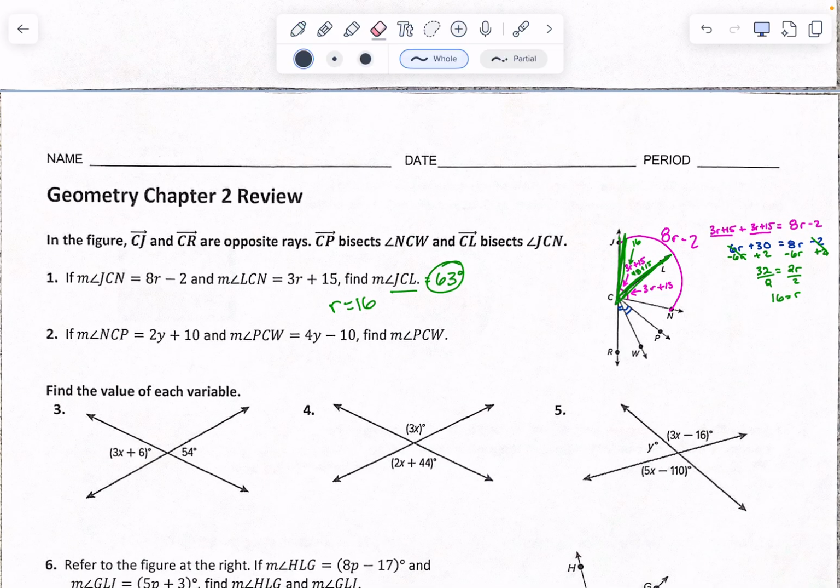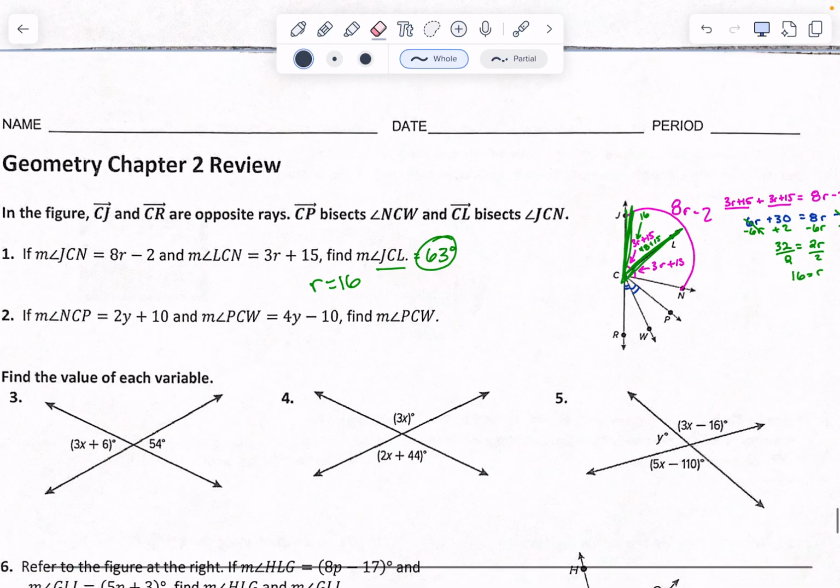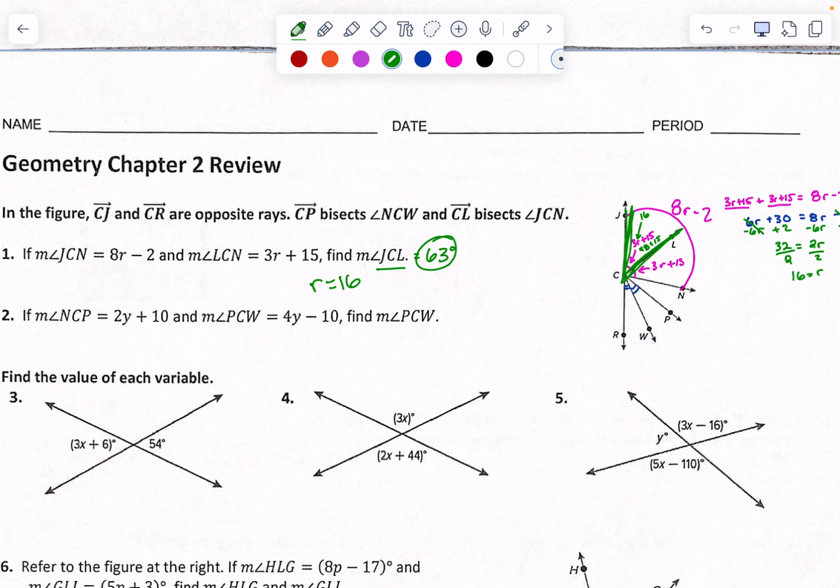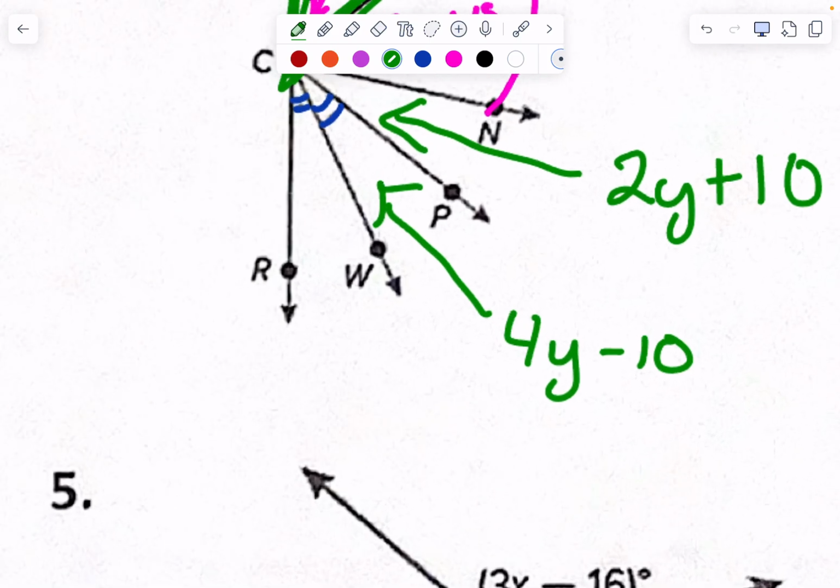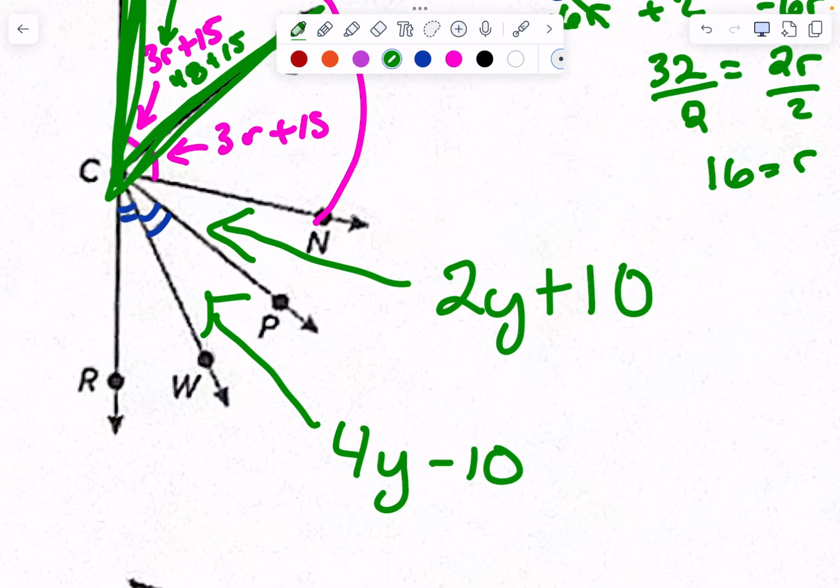Number 2. I'm going to erase a little bit of, well, no, I don't want to erase anything yet. Okay. NCP. Holy cow. This guy right here is 2y plus 10. And PCW, this guy right here, is 4y minus 10. Okay. Hold up. Do we know that those two are the same?